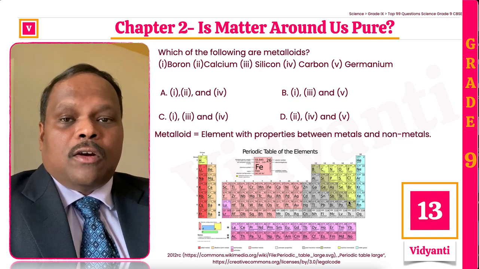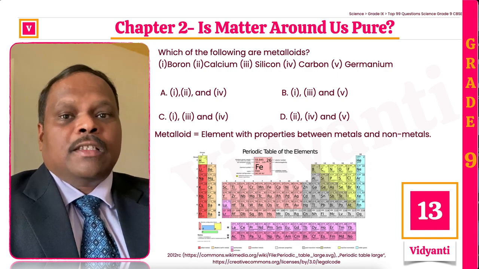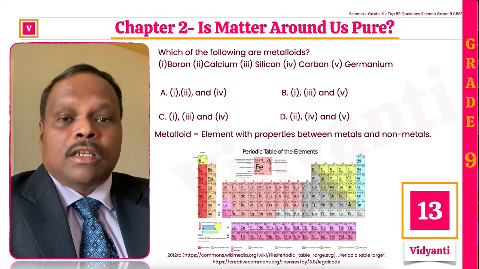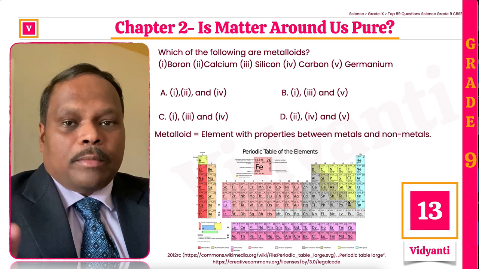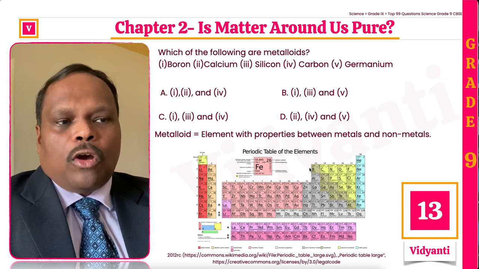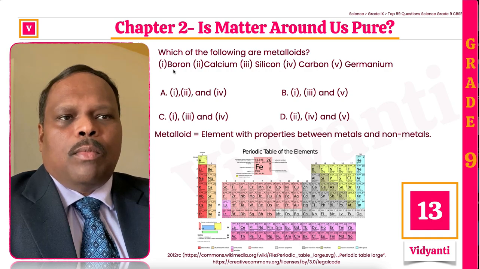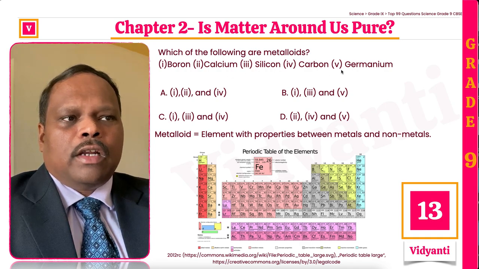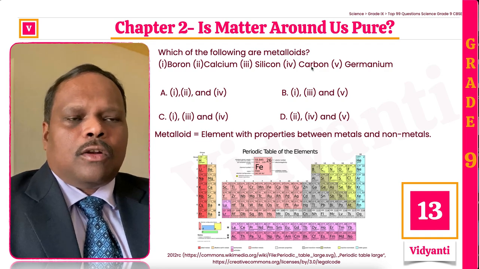In fact, silicon and germanium are metalloids extensively used for the semiconductor industry. If you are taking electronics, most of the time you will be dealing with silicon and germanium. Boron is another example. So the correct option will be boron, silicon, and germanium. Carbon is in the middle, but it is towards non-metal.